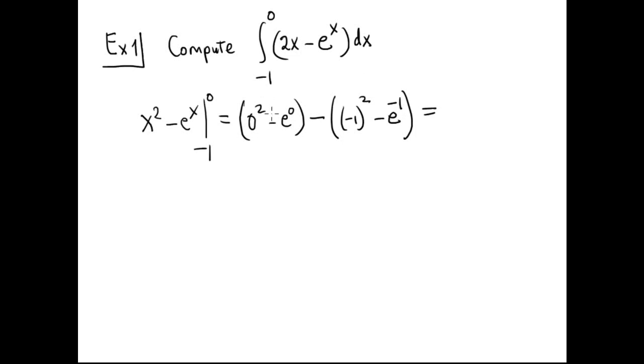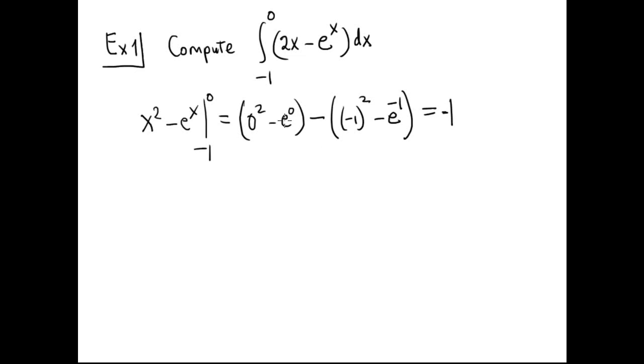Okay, this is 0, this is 1. This is -1 squared, positive 1. Sorry, e to the 0 is 1, but we have a minus here in the front, no?